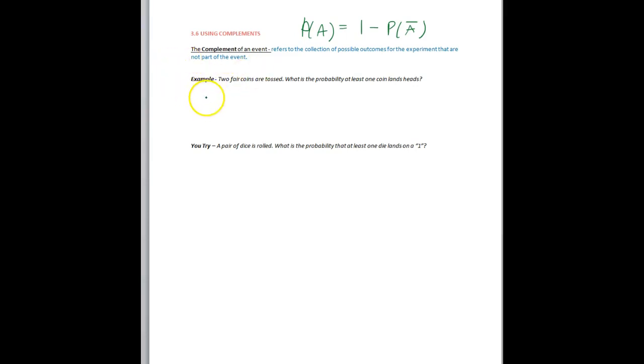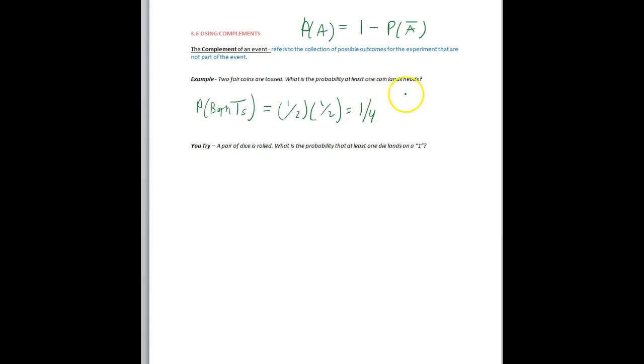Let's first find the probability that both land on tails. Those are independent events, so that's 1/2 times 1/2, which equals 1/4, or 0.25.